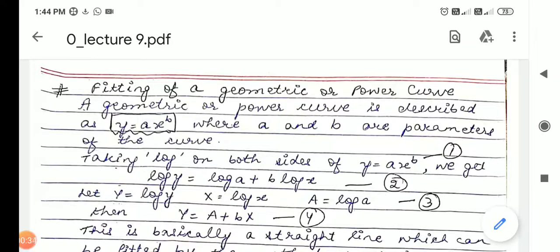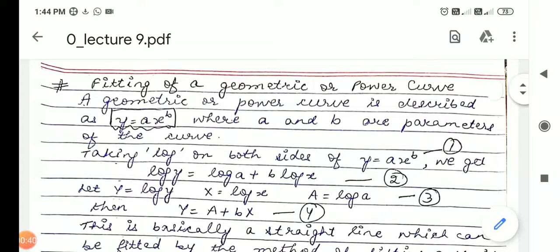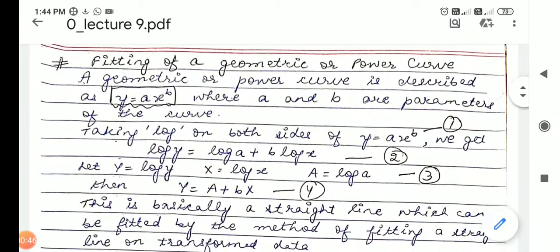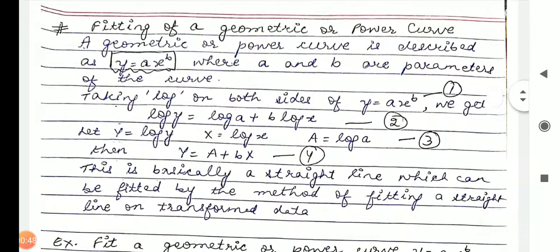So in this lecture we will discuss the fitting of a geometric or power curve. A geometric or power curve is described as y is equals to a x to the power b, where a and b are parameters of the curve.